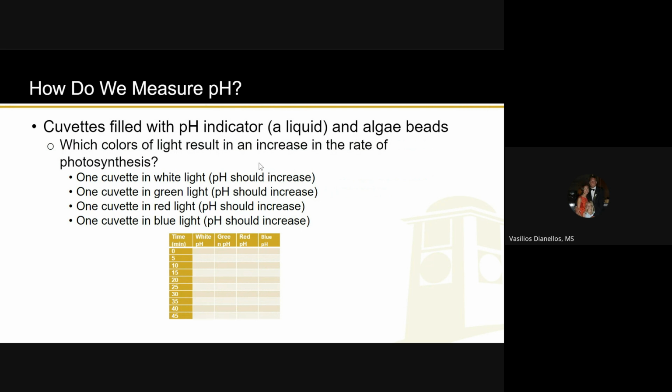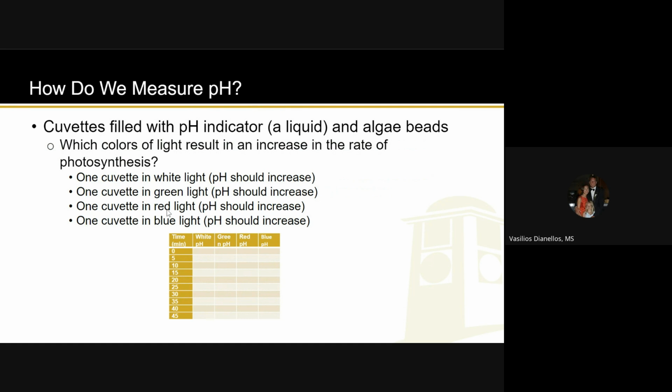But the plan is currently that we'll have 4 cuvettes: one in white light, one in green light, one in red light, and one in blue light. Again, every 5 minutes for 45 minutes, we're going to check the pH. Because they're all photosynthesizing, in theory, we should expect them all to increase. So the question is, which one increases the most? I should also point out that this is the plan.